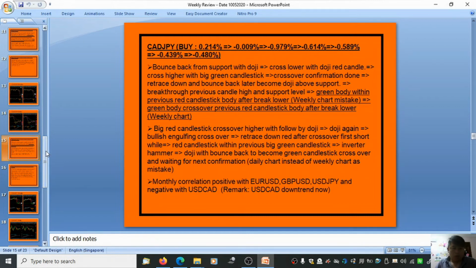Okay, so for this week, CAD JPY is having more intra charges at 0.48 now.